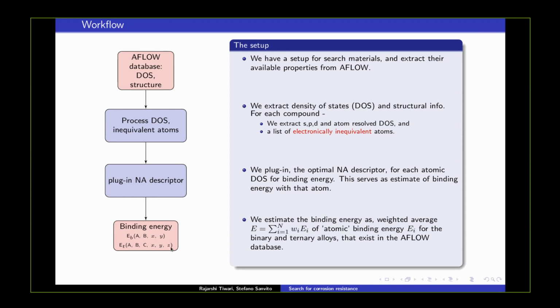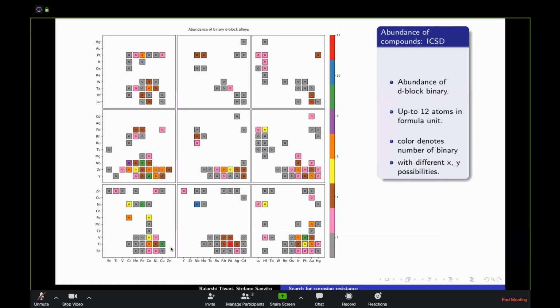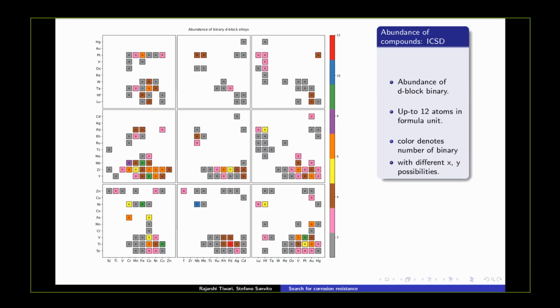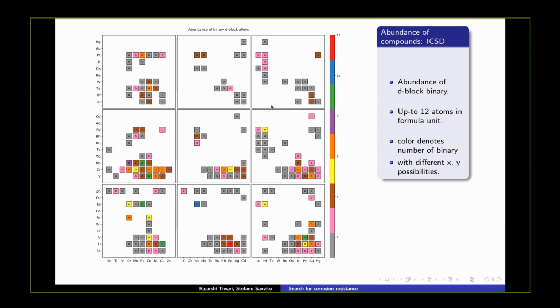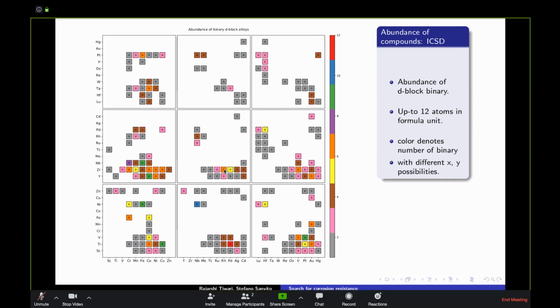Now, before we go to show the trends, I'd like to show the abundance of these compounds. When we searched for the d-block binaries on the AFLOW database, this color graph shows the abundance.